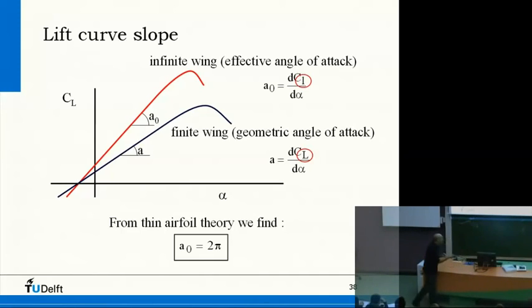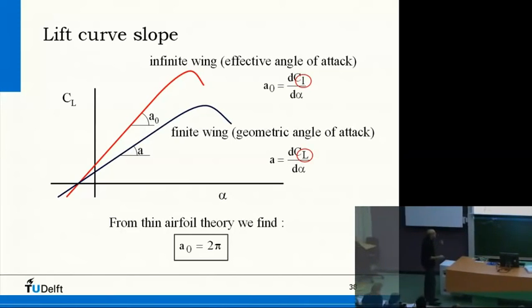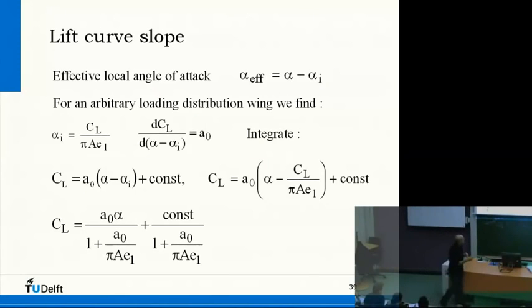It's about 2 pi, right? And if we have a finite wing, then the CL0 is of course the same, because when we have CL0, then there is no induced drag. So the CL of the airfoil is the same as the CL of the wing. There's no induced drag, because CL is in the formula of induced drag. Now, let's do it slowly.